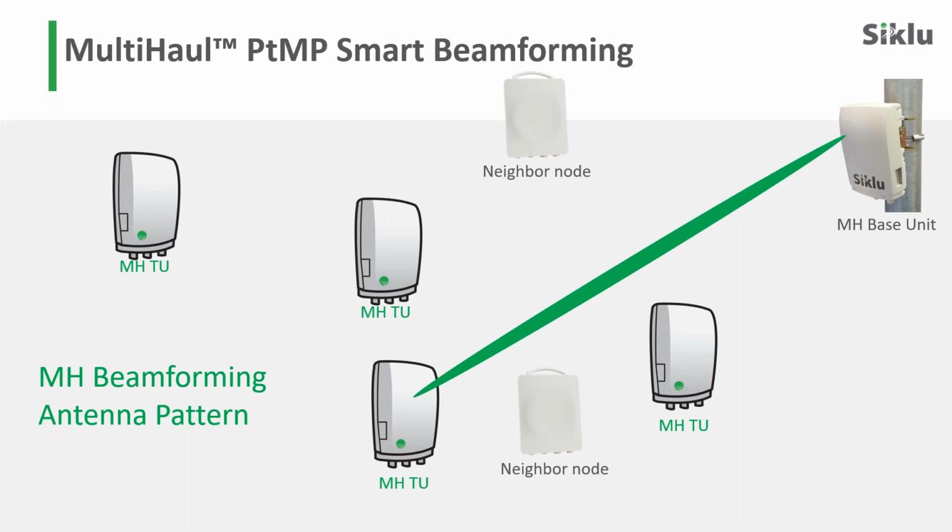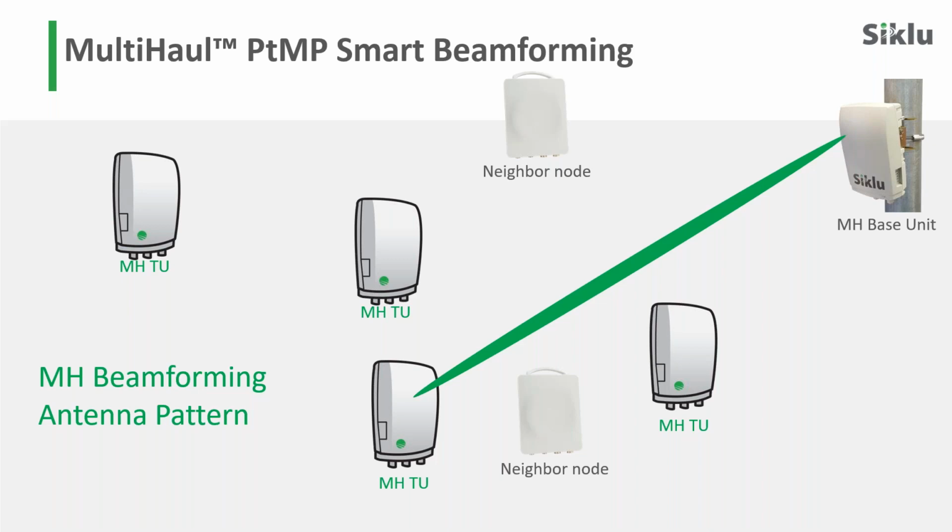So that allows the base unit, in our case here on the top right, to create different beams towards the different terminal units in the sector, and isolate the terminal units, create very high gain, highly directive beams to each of the terminal units, and by changing at any point in time where the beams are aligned to communicate with the right terminal units with the right information.